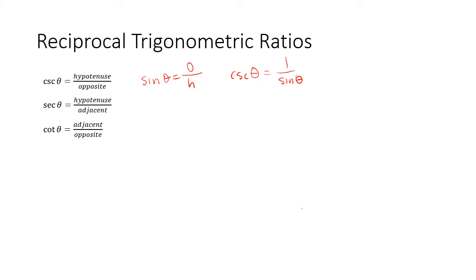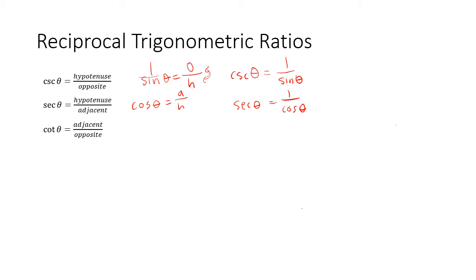That's the same thing. If we put 1 over sine and flip these two things, we get cosecant. Secant, by the same reasoning: cosine is adjacent over hypotenuse, so the reciprocal of cosine is secant.